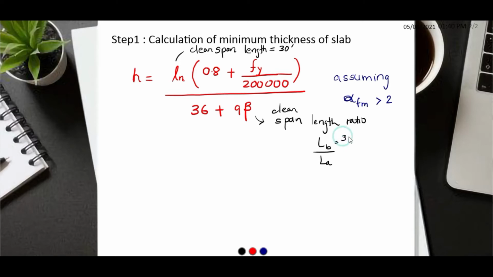LB is our 30, which is the greater length, and LA is the shorter edge, which is 24 feet.